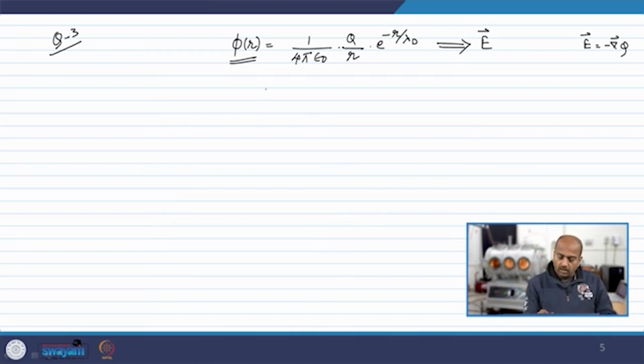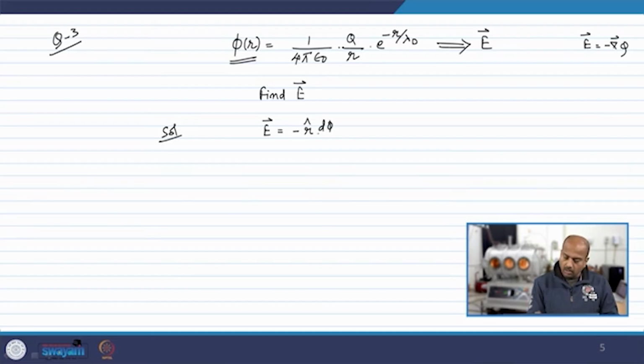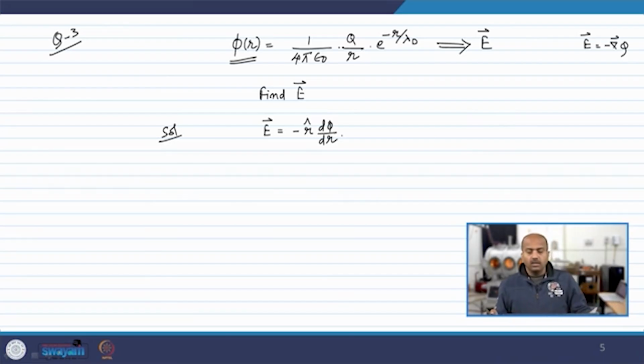So, we can write, the question is find the electric field. The solution. So, we know that the electric field E is minus r cap d phi by dr. Why? Because of this. You see this?